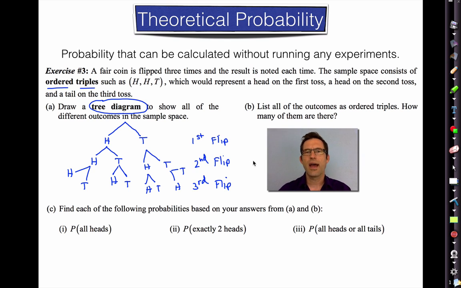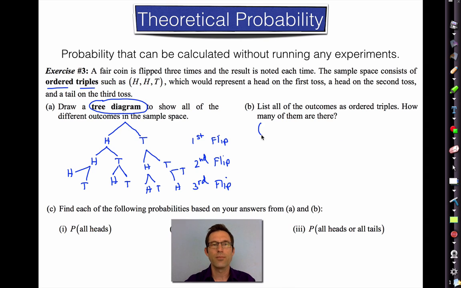Letter B says, list all the outcomes as ordered triples. How many are there? Well, here's one: head, head, head. Or I could have gotten head, head, tail. Or head, tail, head. Or head, tail, tail.